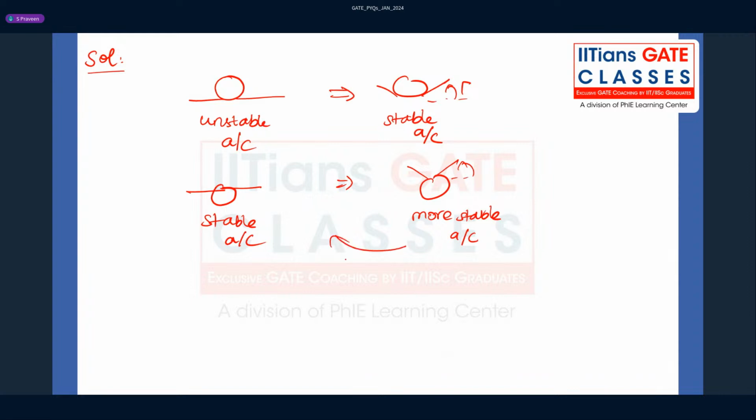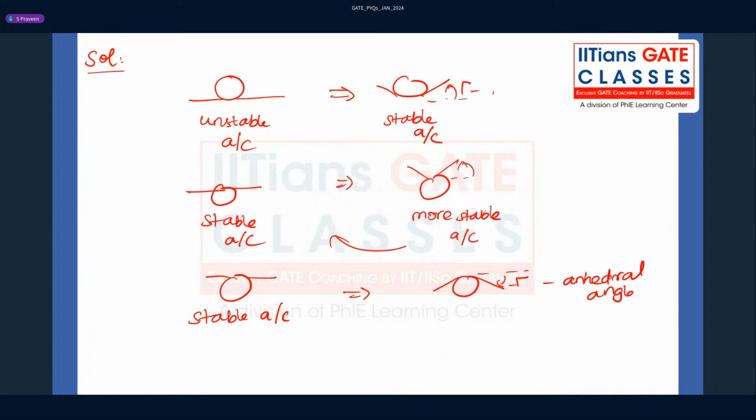Whereas for high wing, this is again a stable aircraft. Let me reiterate the point. If I give a downward angle like this, it is called an anhedral angle, this minus gamma, and this is a dihedral angle.